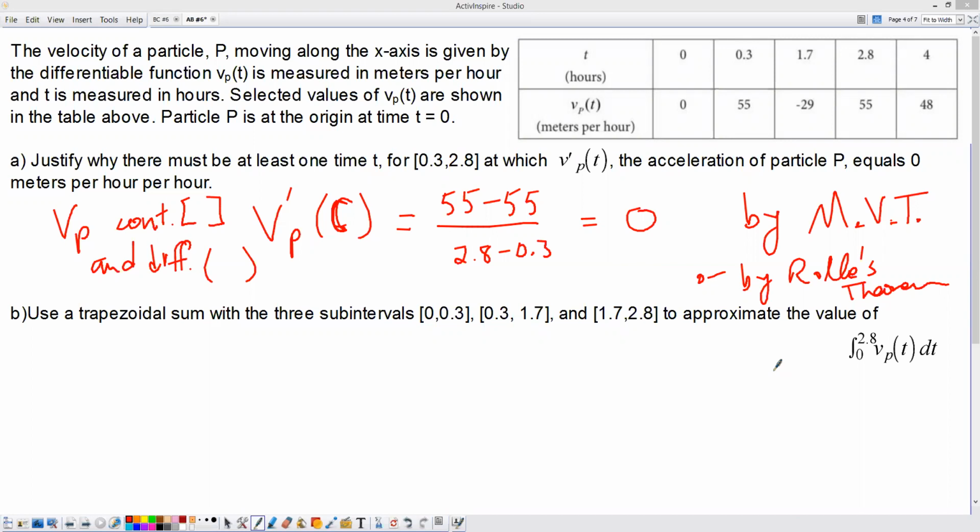If you just said the stated interval, that's fine. All right. Any other questions there on A?